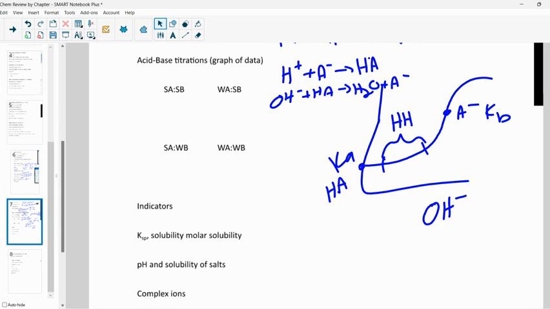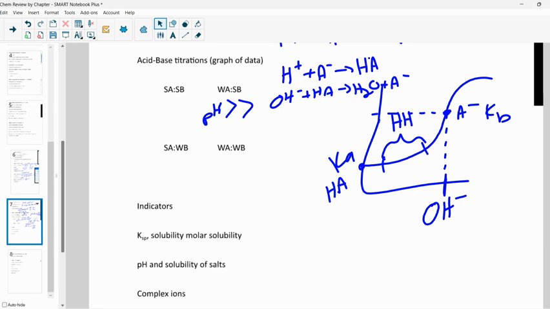What's the special or useful point that we can use here? Here's our equivalence point, right? It's a pH and a volume. If this was a weak acid and a strong base, where would my pH be at the equivalence point? pH greater than 7 at the equivalence point, right?